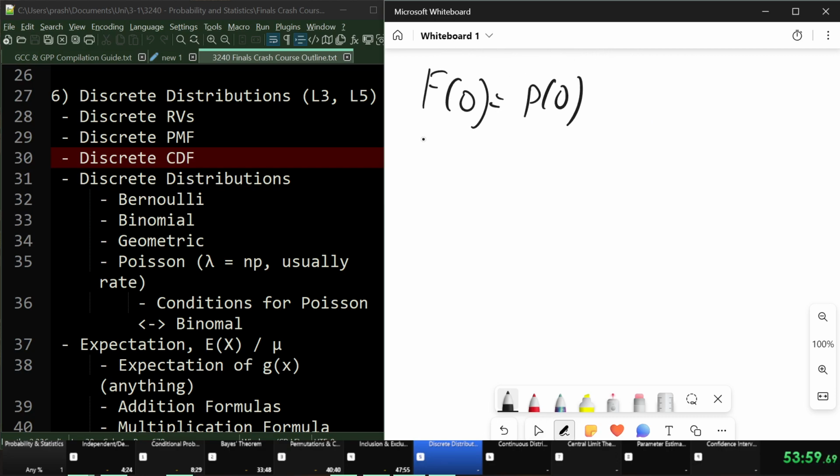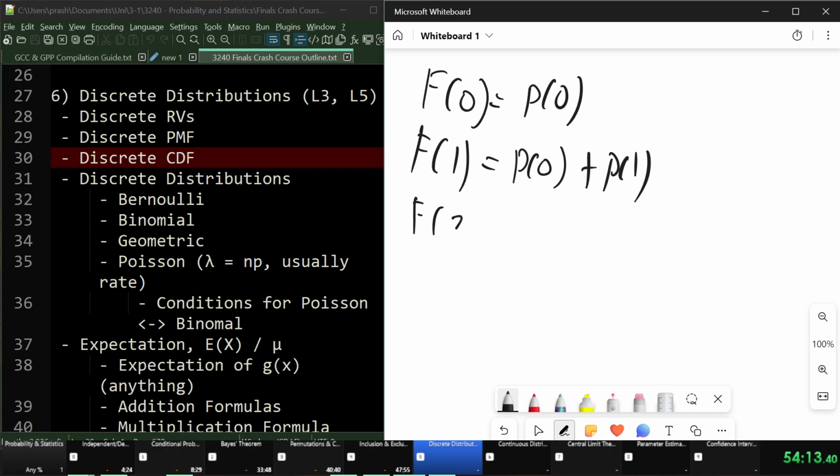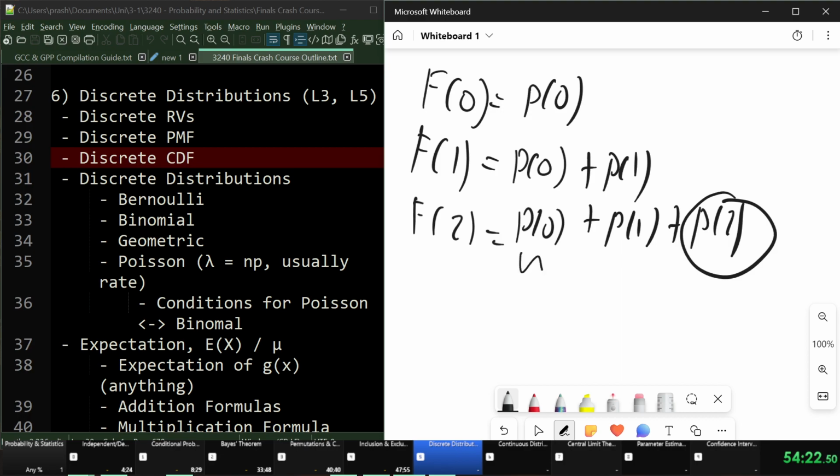But f1, because F is cumulative, CDF, cumulative distribution function, it would include p0 and then also p1. Likewise, f2 would be p0 plus p of 1 plus p of 2, because it's the number mentioned plus all the previous probabilities. It's cumulative. And finally, we have f3, which is the biggest value that our variable x can take.